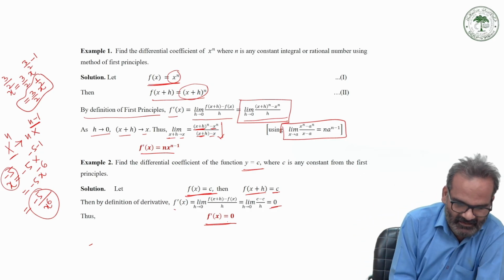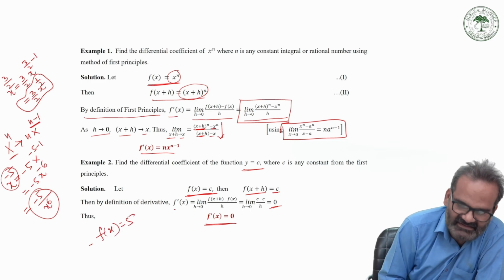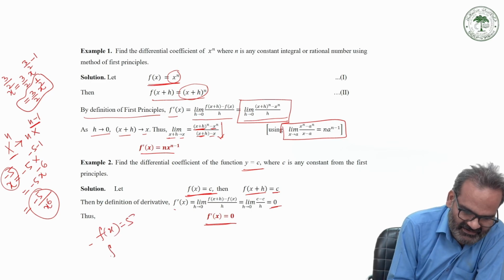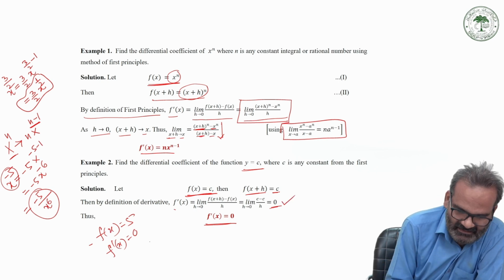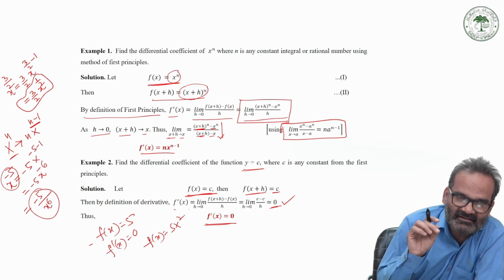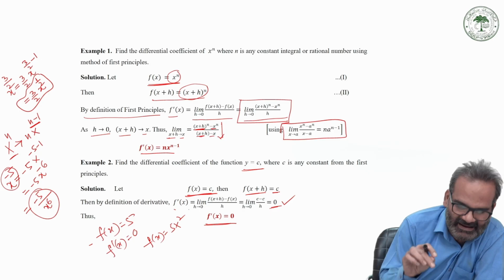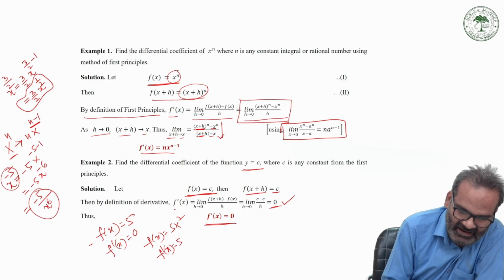For example, if I write f(x) is equal to 5, 5 is a constant, then its derivative f dash x will be 0 by this result. But if I write f(x) is equal to 5x square, here the constant 5 is being multiplied with x square. So its derivative will be f dash x, this 5 will remain as it is.